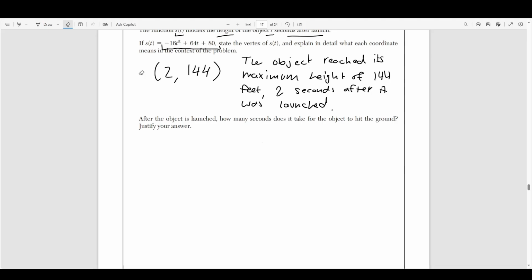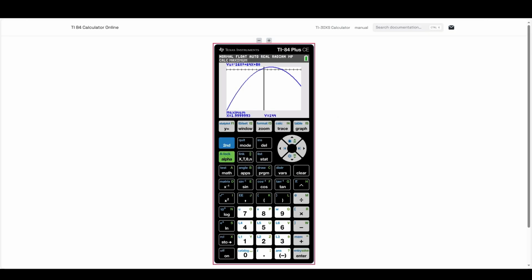So the way that we calculate that is, again, we go into second, trace, and we hit 0. When it asks us for a left bound, we choose a point to the left of the 0 that we're trying to solve for, which is here. And we choose a point to the right of the 0. When it asks us to guess, we put the cursor over where we think the 0 is, which I guess is here.